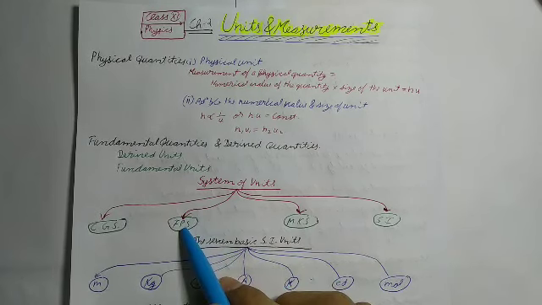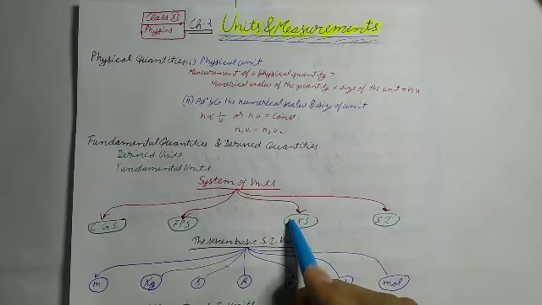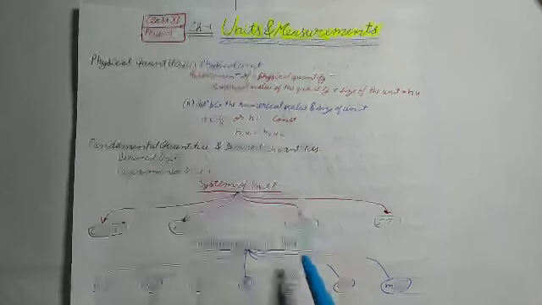In FPS or British system, the fundamental units of length, mass, and time are foot, pound, and second, respectively. The MKS system: in this system, the fundamental units of length, mass, and time are meter, kilogram, and second, respectively.